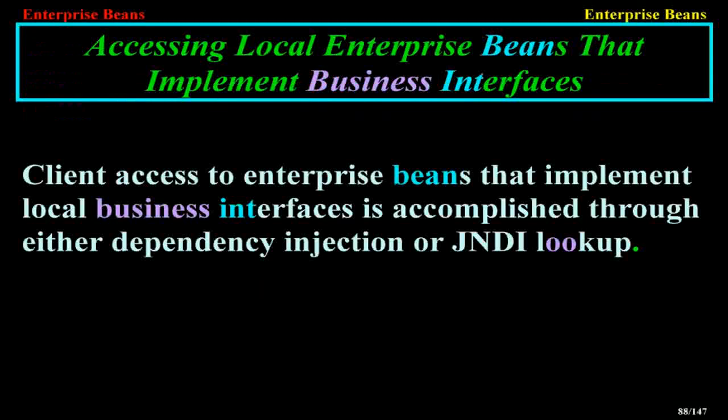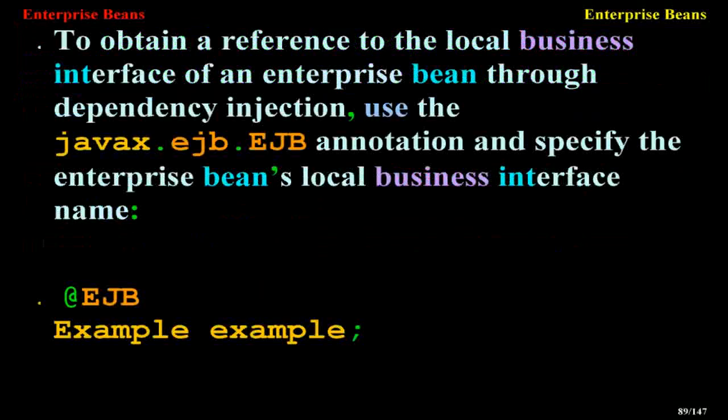Client access to enterprise beans that implement local business interfaces is accomplished through either dependency injection or JNDI lookup. To obtain a reference to the local business interface of an enterprise bean through dependency injection, use the javax.ejb.EJB annotation and specify the enterprise bean's local business interface name. @EJB Example example.